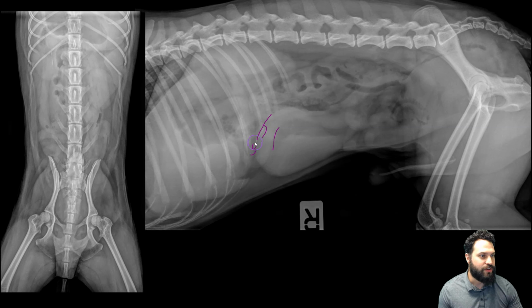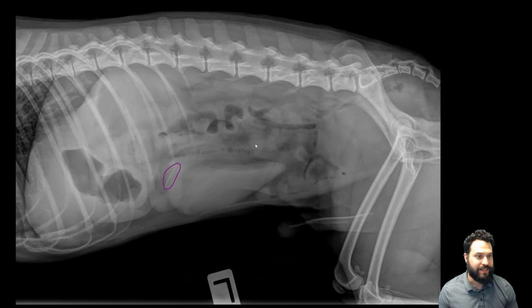But then there's this additional part which I'm not convinced is really in the intestine in any of the available images. If we go back to that first one again, we can look at this cranial margin here. Again, I'm not sure that it's actually within any of the intestine as we look at the margin coming down and around here. So that's something that I think we need to pay very close attention to.